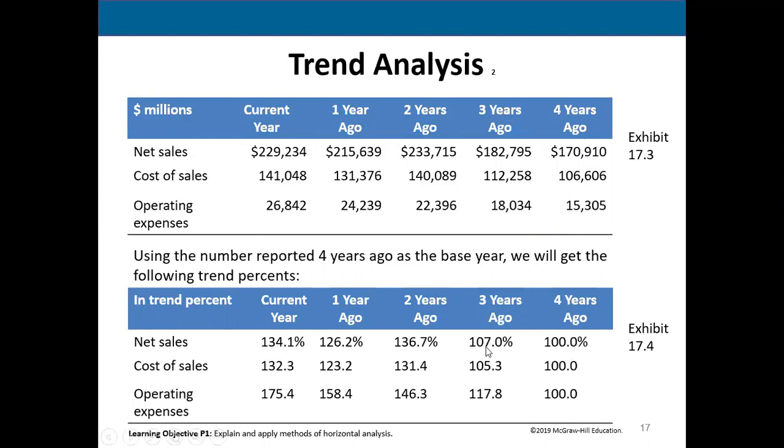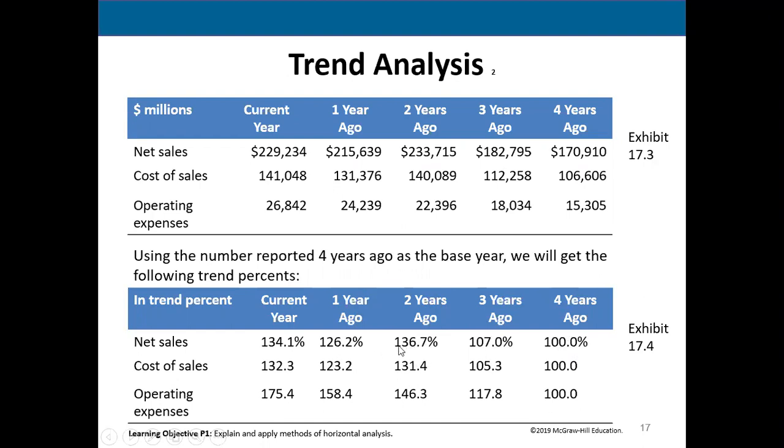Now from 3 years ago, you're at 107. So from 4 years ago, the increase in sales was 7%. Do the same thing with 2 years. Oh, wow. Sales increased over a 2-year period 36.7% in total. So that's not a change from year 3. That's a change from the base year. It's trending. 1 year ago, your sales overall increased 26.2%.